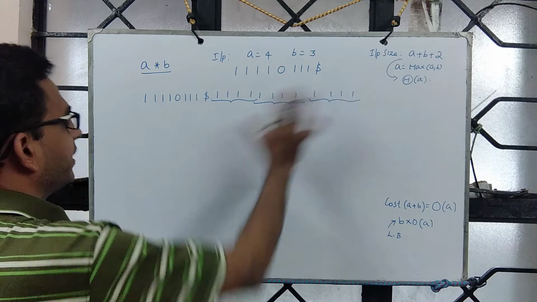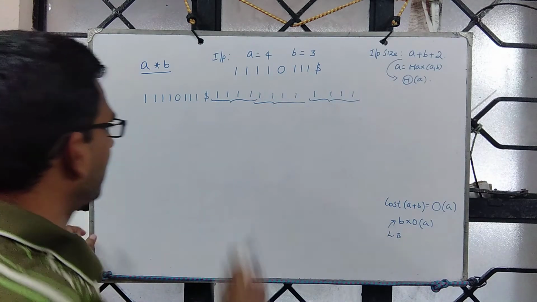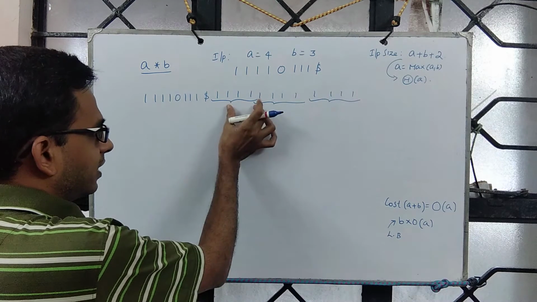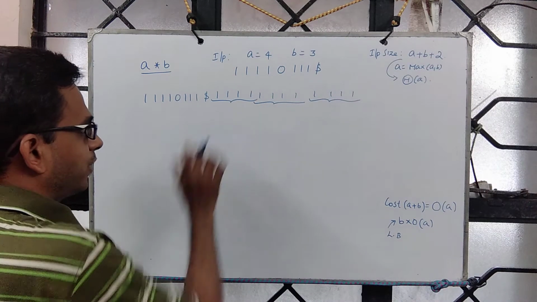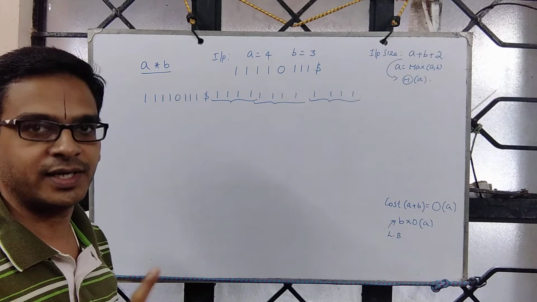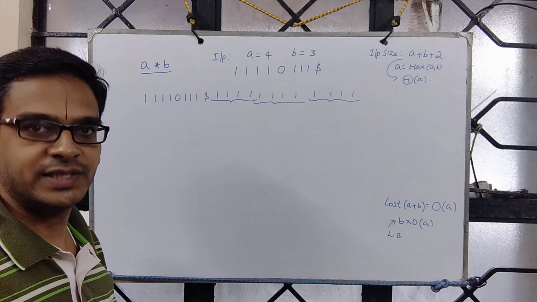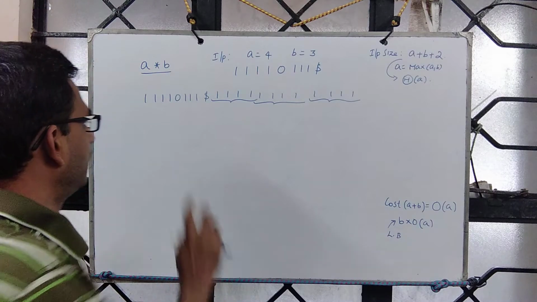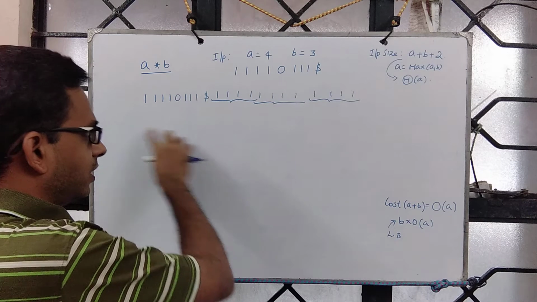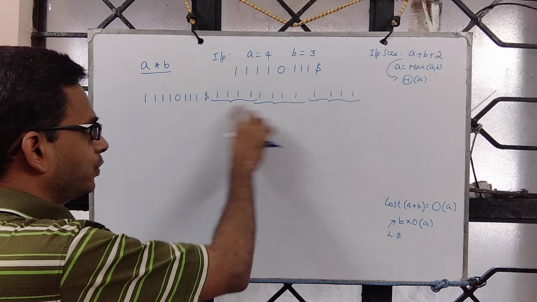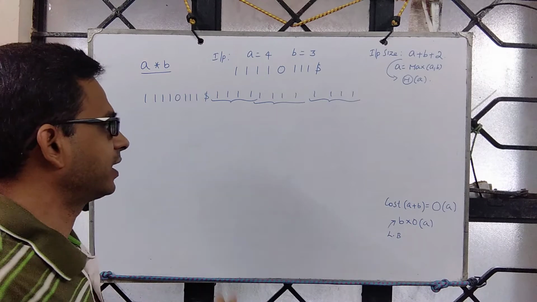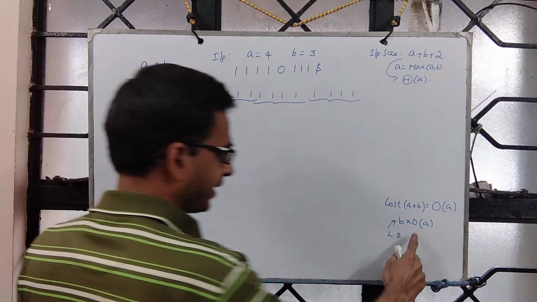That will give you A into B. Now in the process, you cannot just like that copy all 4 ones in one go, because Turing machine model says you can only read a bit at a time, and you can only move one cell left or one cell right. So copying a block of 4 ones in one go, or jumping from this place to this block of 4, that's not possible. So you can only move one cell at a time. That's what I highlighted here.